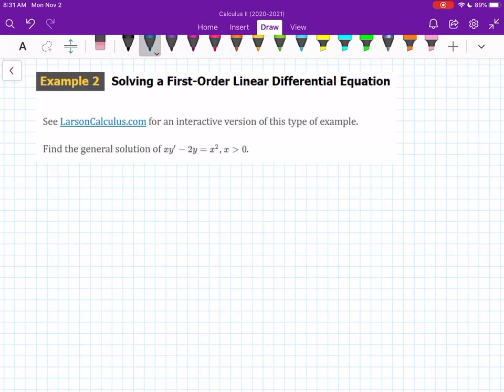Okay, next example. Next example is to go ahead and find the general solution of x, y prime minus 2y equals x squared, where x is greater than 0. So my first job is to go ahead and put this in standard form. So I'm just going to rewrite it first for myself. And then putting it in standard form, I'm going to go ahead and divide everything by x.